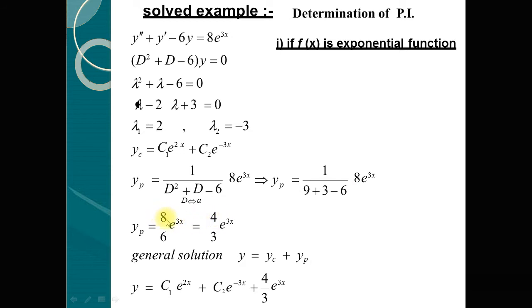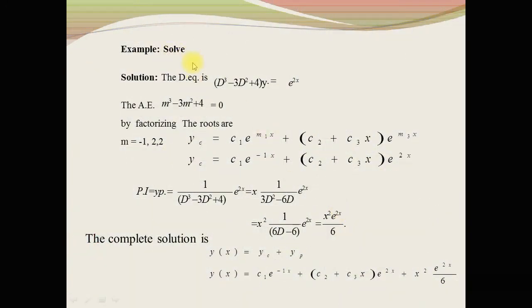So the particular solution is 8 by 6 into e power 3x, and after simplification the particular solution is equal to 4 by 3 e power 3x. So as a whole, the general solution is equal to the complementary solution plus the particular solution. The complementary solution is c1 e power 2x plus c2 e power minus 3x, and the particular solution is 4 by 3 e power 3x. Now another example, d cube minus 3d square plus 4 into y is equal to e power 2x.